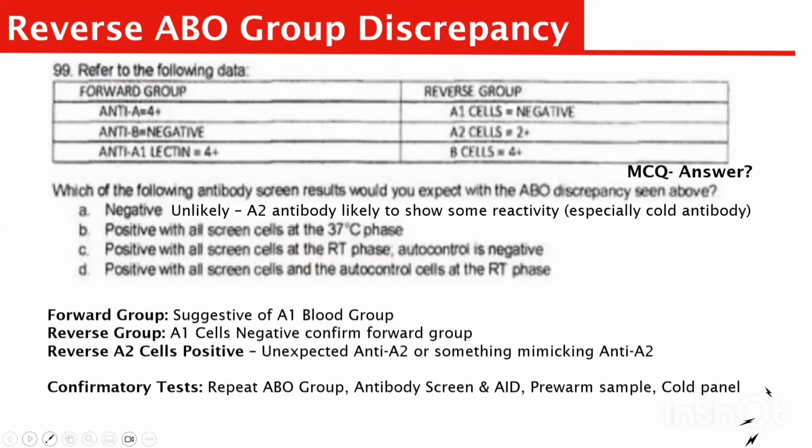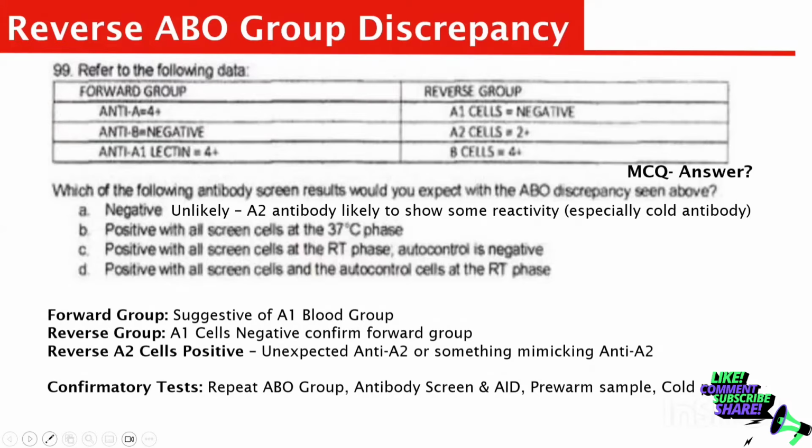To see all the screening cells negative is very unlikely. There should be a certain kind of reaction that would demonstrate there is something going on here, which is maybe anti-A2 antibody, likely to show some reactivity, especially as a cold antibody, because it's mainly seen under low temperature. I hope that makes sense.